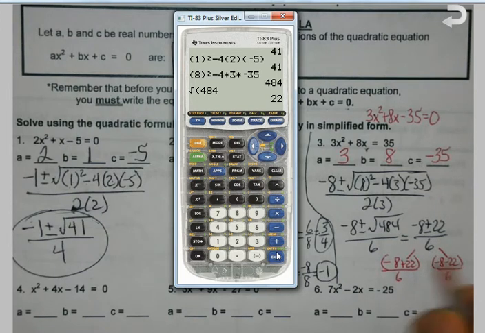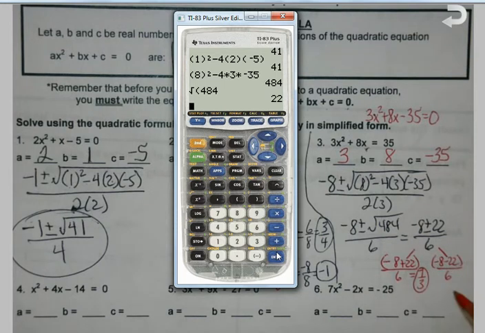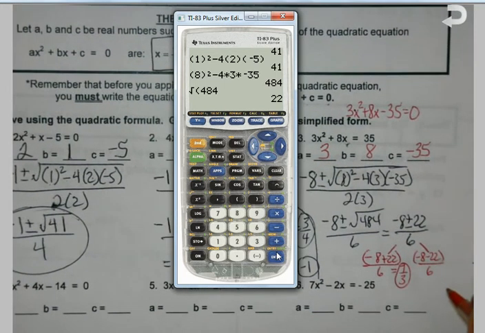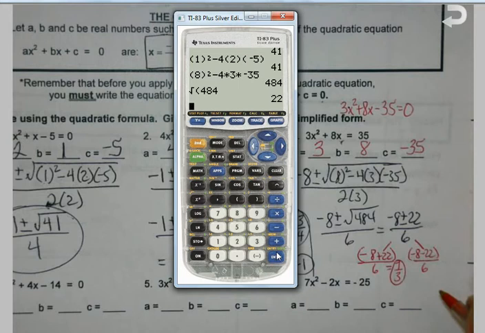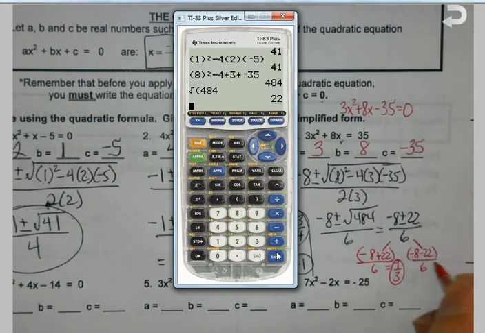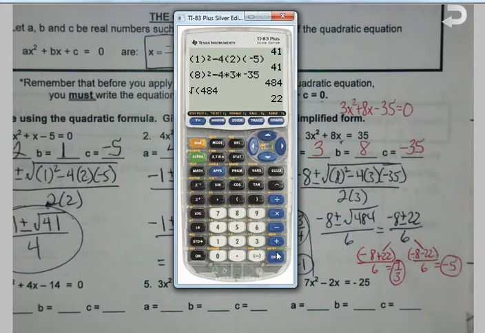Let's see. 14 over 6 simplified would be 7/3. Or if you went to 2.33333, I guess that's okay. -30 over 6 is -5. But again, the fractional technically would be more exact as far as trying to get that situated.